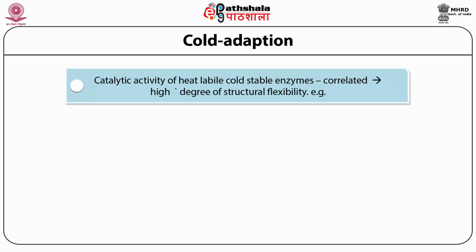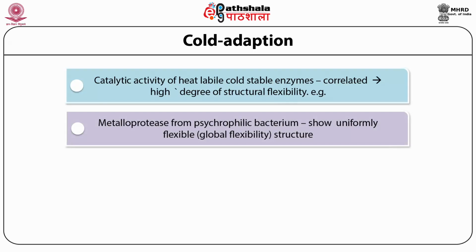So let us look at the examples of one or two enzymes which have structural features contributing to their higher catalytic activity. For example, metalloproteases from a psychrophilic bacterium show a uniform flexible structure where the overall protein of this enzyme is flexible.